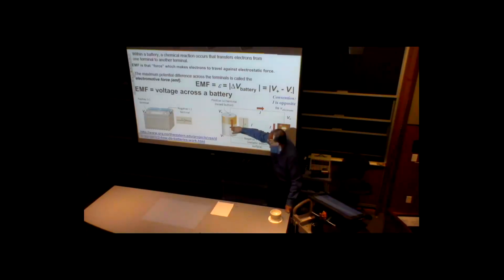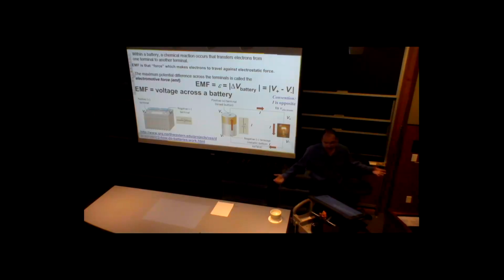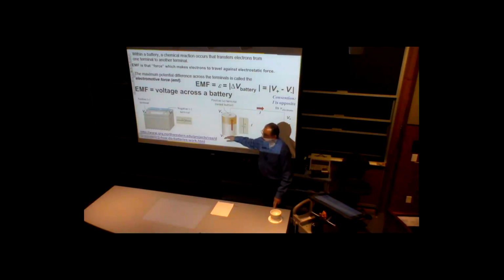And outside of the battery, electric current through the passive element always travels from high potential to low potential. But now, when the circuit is complete, inside the battery this rule actually doesn't work anymore. Inside the battery, electric current travels from low potential to high potential.